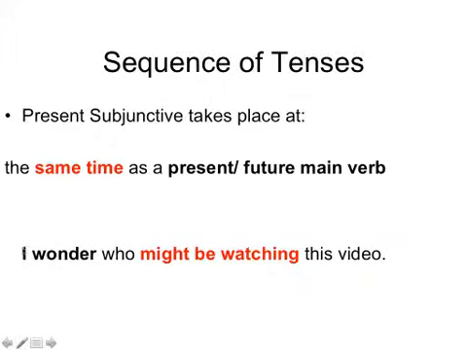What I mean by that is a sentence like this: I wonder who might be watching this video. So I'm wondering now, that's my main verb, the present or future main verb, and who might be watching this video. So I'm thinking about someone who's watching this video right now at the same time that I am talking about it. So same time, you're going to use the present subjunctive.